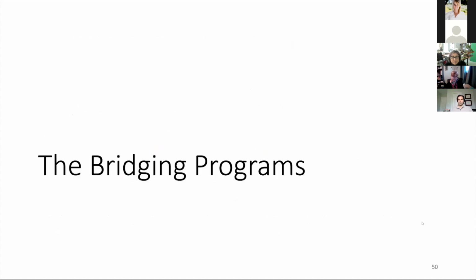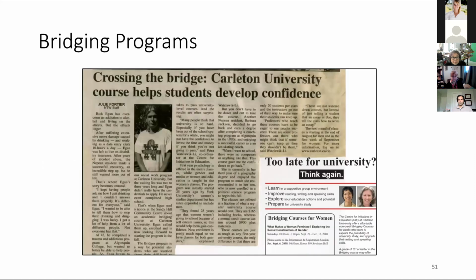Next slide. To start off, I'm going to talk about the bridging programs. These were started out as non-credit university courses. It started out as a women's bridging program, and the subject matter came from women's studies in particular, modeled on a similar program at York University.